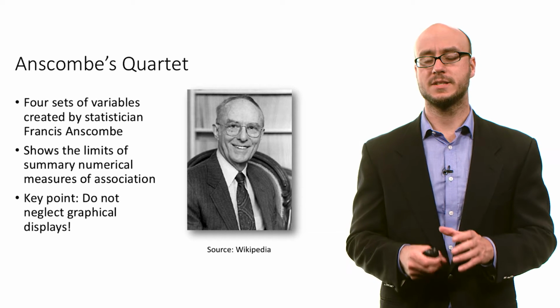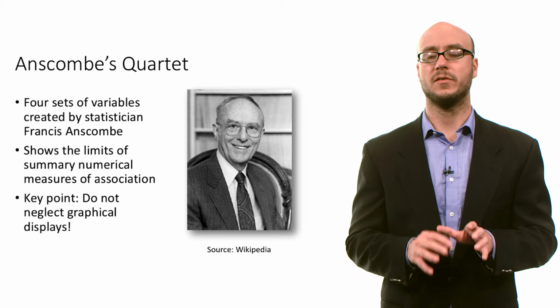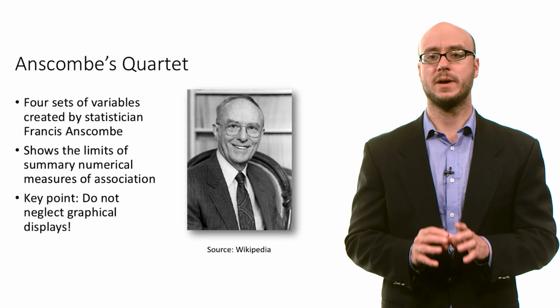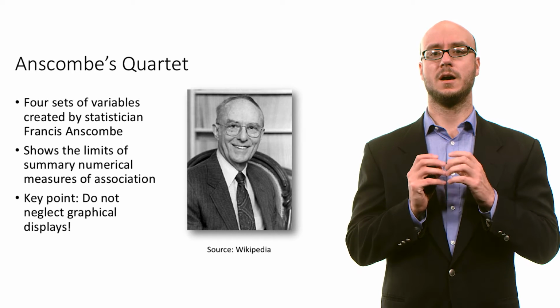The key point here is that you shouldn't neglect graphical displays, and you should also think about the assumptions of a measure of association, such as covariance and correlation. In particular, covariance and correlation capture linear relationships, straight line patterns in a set of data. They do not capture non-linear relationships. They're sensitive to outliers as well.